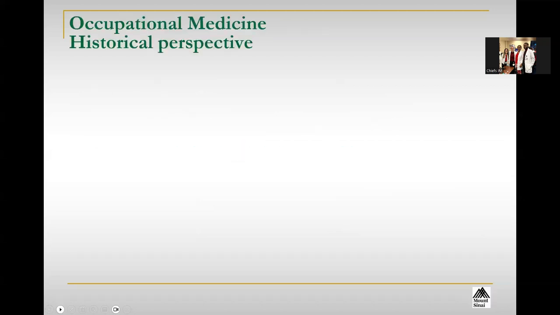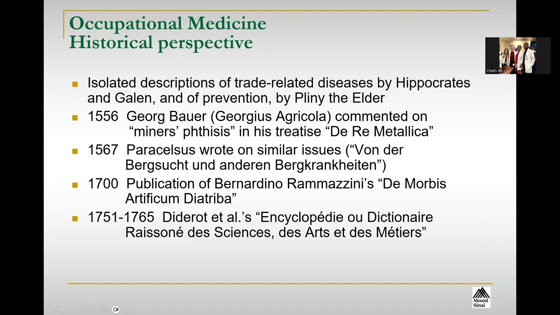So just to present the historical perspective very briefly, going back to antiquity, there were descriptions of trade-related diseases, even back to Hippocrates and Galen. Perhaps the first acknowledged reference to occupational lung diseases was what was called Miner's thesis in Georg Bauer's treatise of the metallic arts.